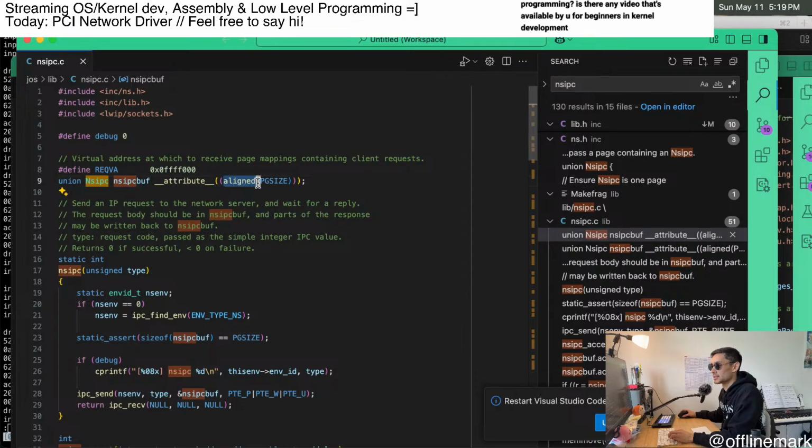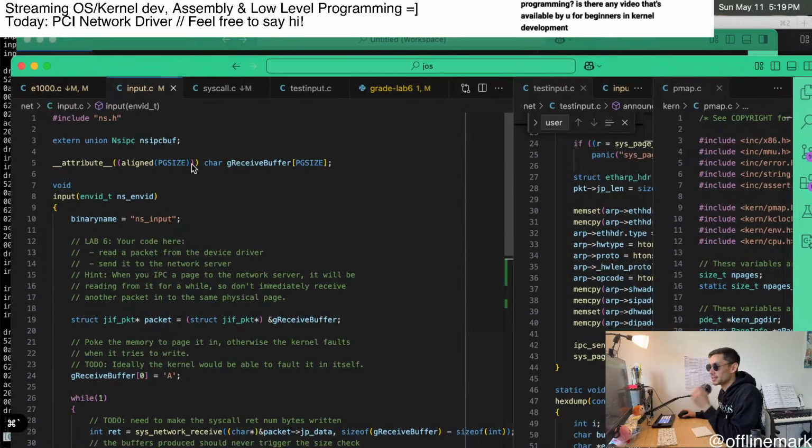Also, wait, I think I did the same thing actually, aligned to page size, right? I think we confirmed this. I think I confirmed that this is actually aligning onto a page size.